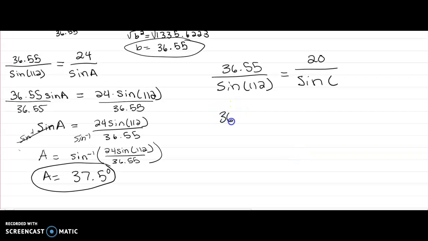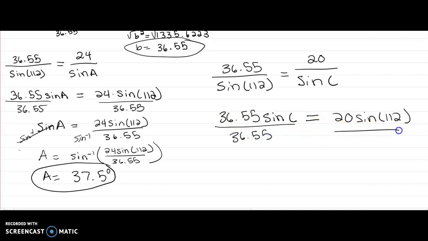So I'm going to have 36.55 times the sine of C is equal to 20 times the sine of 112. I'm going to divide by this 36.55. Sorry, this should be 36.55. Okay, then I'm going to get sine of C is equal to 20 times the sine of 112 over 36.55.